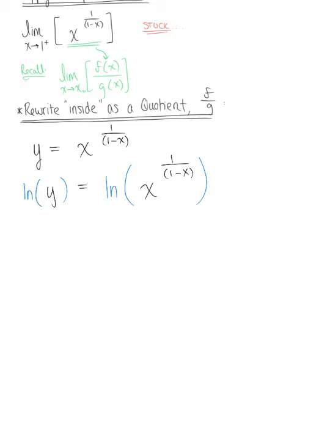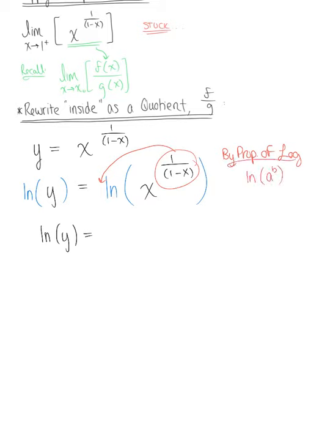So our left-hand side stays as it is. This is the natural logarithm of y. But by the properties of logarithms, this power will now come to the front. Again, that's by the algebraic properties of logarithms. Remember, if you have the natural log of some a raised to the b power, that b can come out to the front.